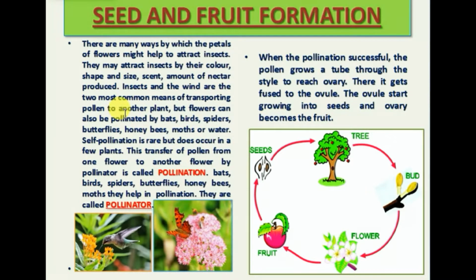Insects and the wind are the two most common means of transporting pollen to another plant. But flowers can also be pollinated by bats, birds, spiders, butterflies, honeybees, moths or water.